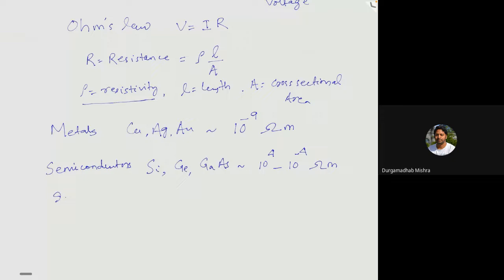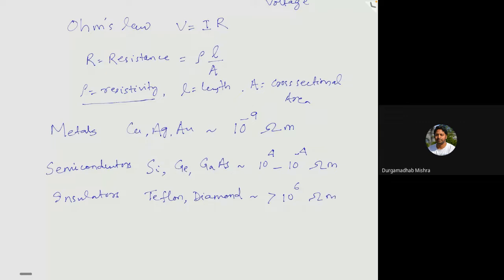And then you have insulators. For example, you have Teflon, or you have diamond, where your typical resistivity will be more than 10 to the power 6 ohm meter.